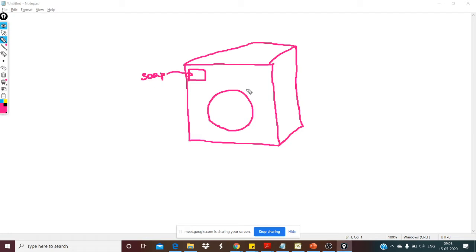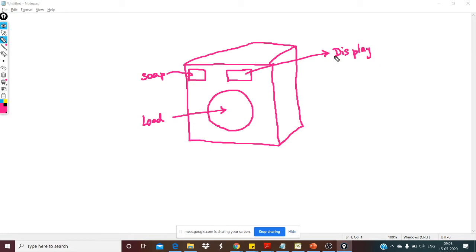All right. And then we have digital... What is this one? This round thing, the door. The load, right? So you put the load in here. Okay. We have a digital display. Where is it? Here only. Okay, so this is your display.